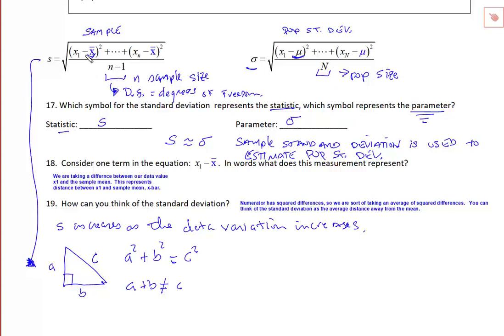As a matter of fact, the way we sample has to be in such a way that we're not altering the population makeup. It's called independence. We're going to get to that at the very end of this course, what independence means. But the independence requirement is equivalent to this being a right triangle.